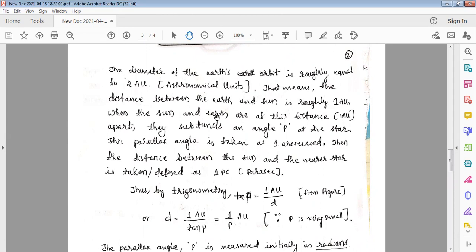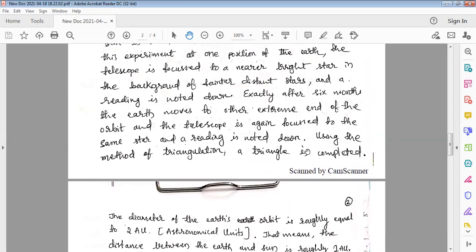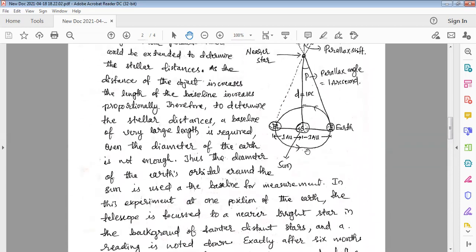So when the Sun and Earth are at this distance, that is 1 astronomical unit apart, they subtend an angle P at the star. This parallax angle is taken as 1 arc second. So what happened? You have completed the triangulation process.